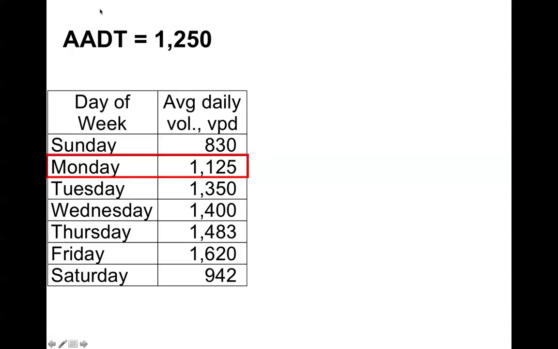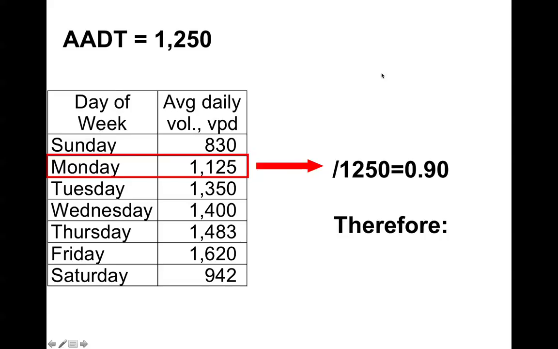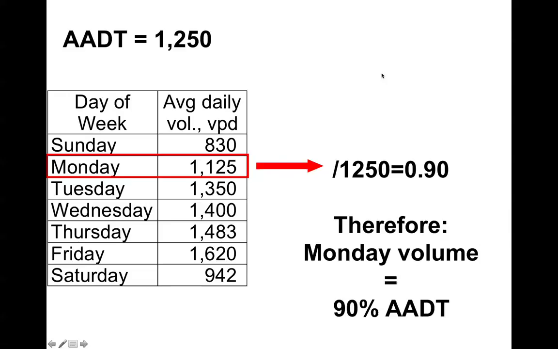The overall average is 1,250. So Mondays are a little lower, right? They're a little lower than the average. So if I count 1,000 vehicles, that's going to be a little lower than the actual average for the population. So the Monday volume is 90%, in other words, of the AADT.